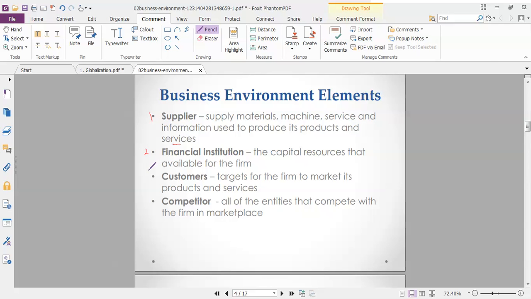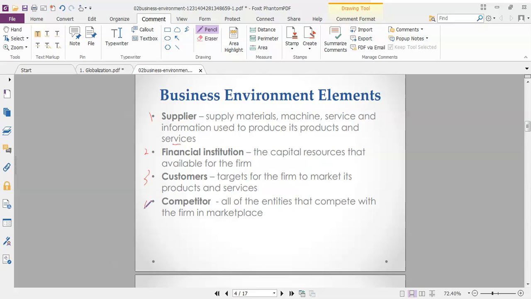And then the third one is customer. Who is the customer? Of course, the targets for the firm to market its products and services. Customer, potential customer, the person that will buy the goods or products from you.